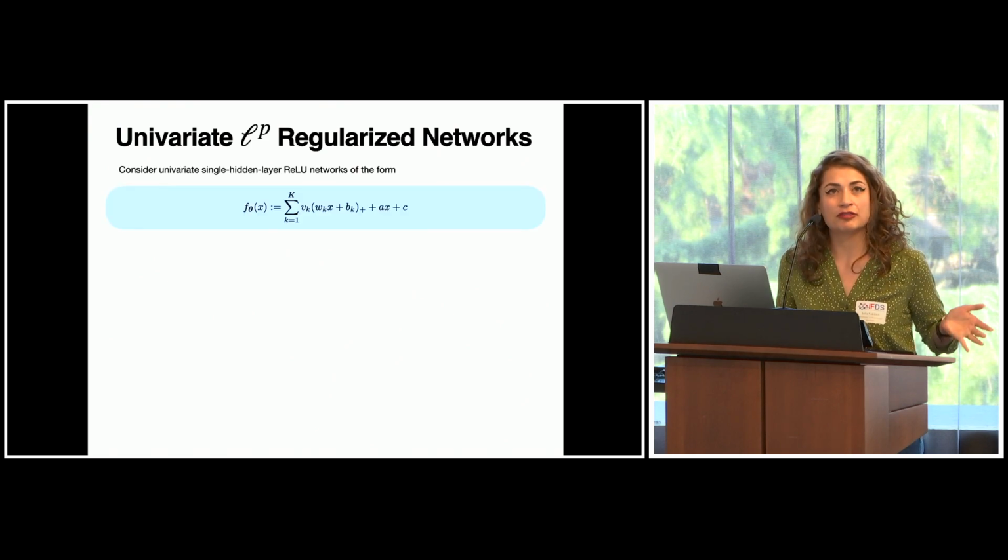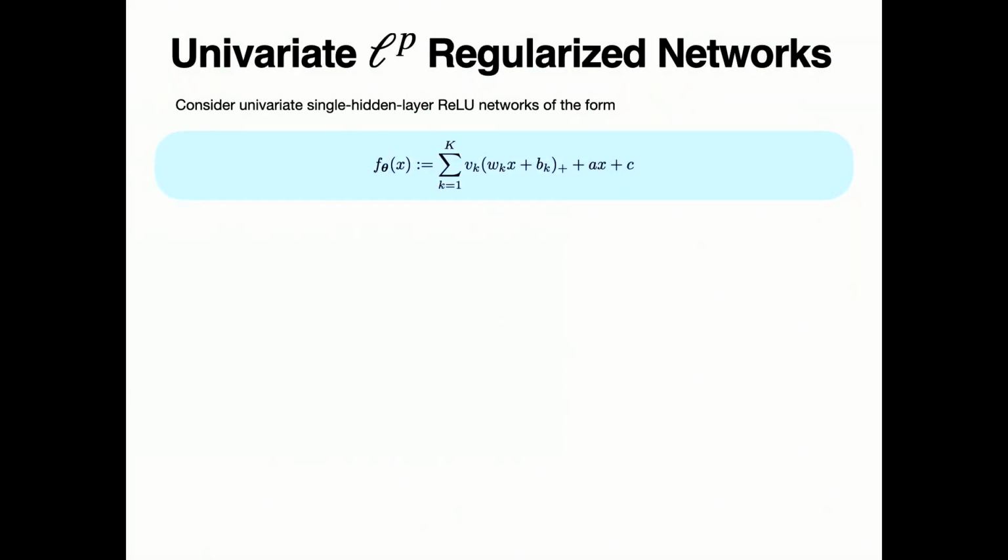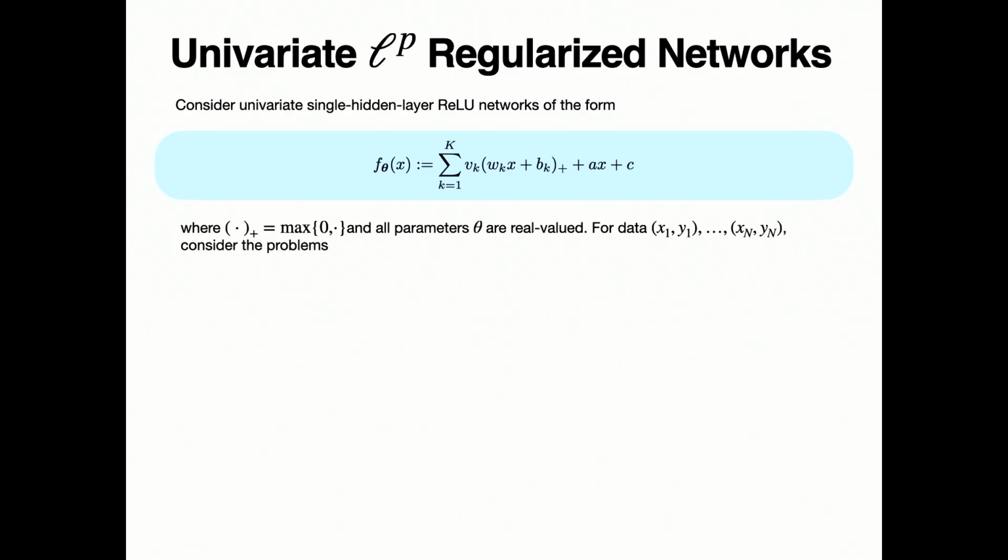So to go a little bit through the analysis in the univariate case, single hidden layer ReLU networks are just functions of the form I wrote there. They're linear combinations of ReLU neurons parameterized by input weights W, biases B, and output weights V. And in the univariate case, we include this extra additive term, which is a skip connection or residual connection.